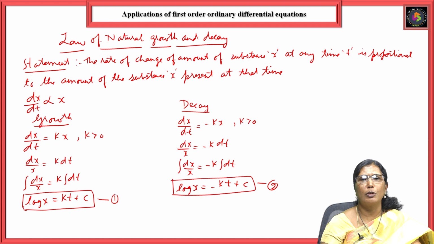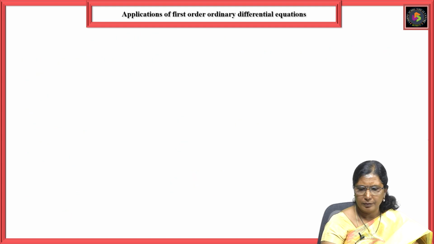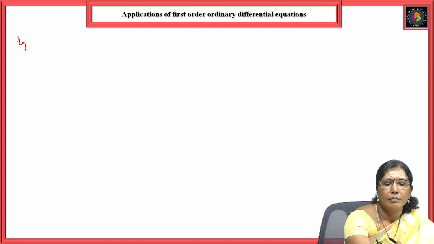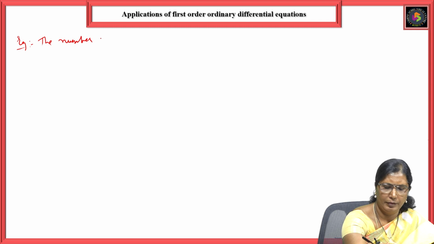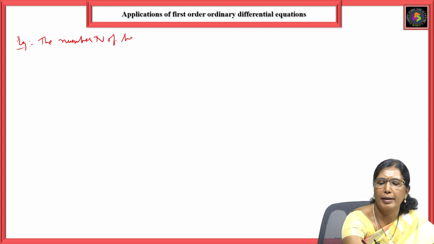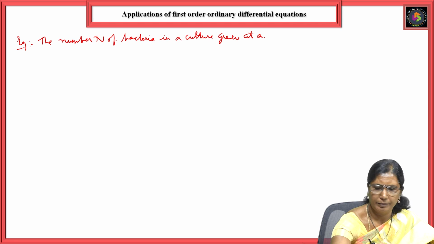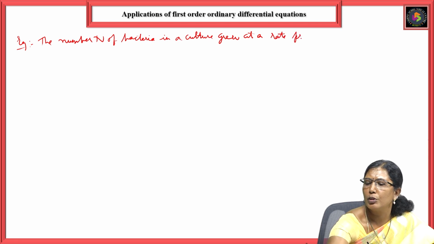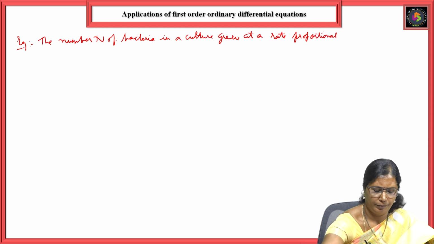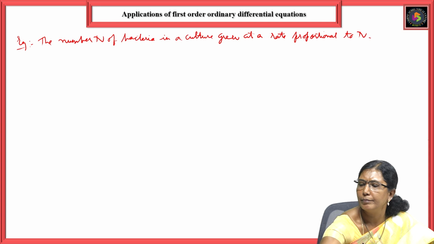So we'll solve the problems. Let us take one example. The number n of bacteria in a culture grew at a rate proportional to n.